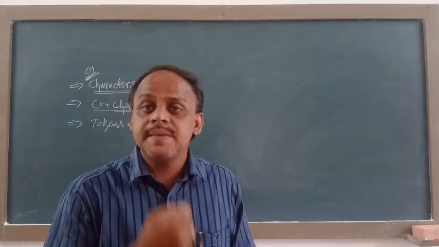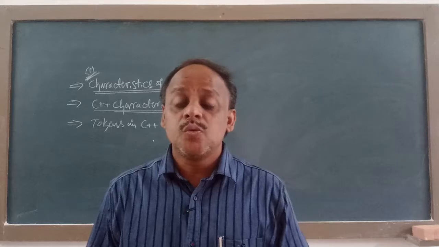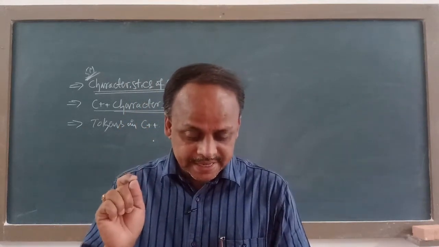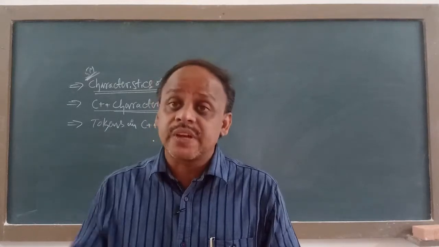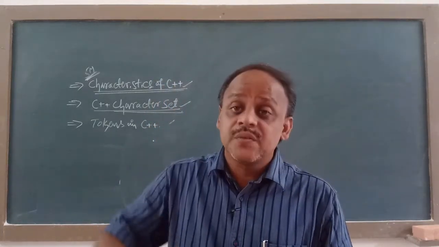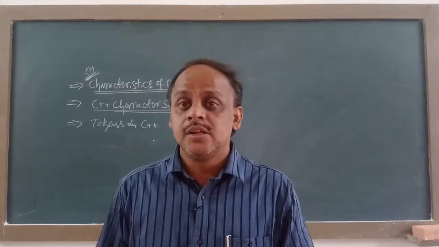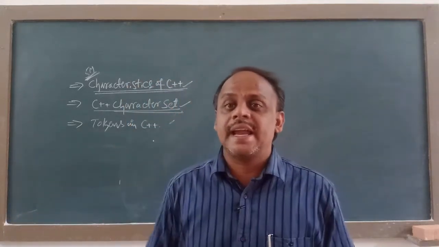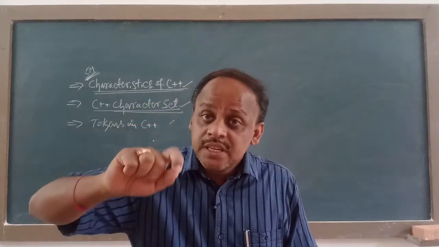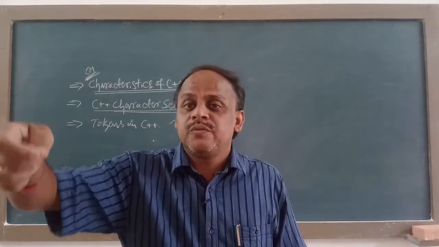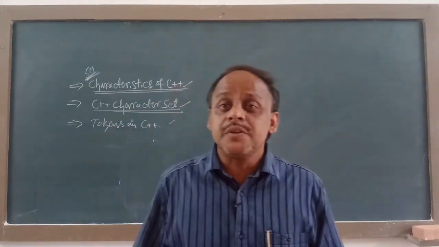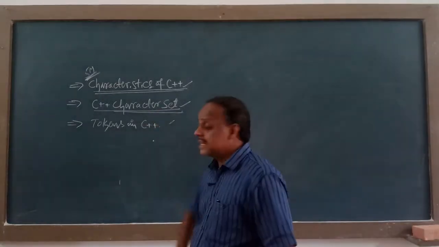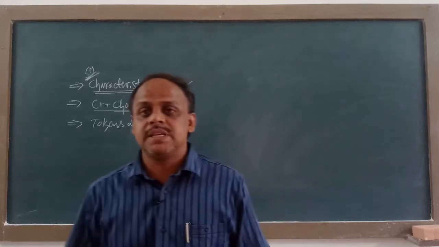We are learning the C++ language, right? So what is the character set of C++? Character set means the valid set of characters that a language recognizes. The characters that C++ recognizes are all considered the character set of C++.